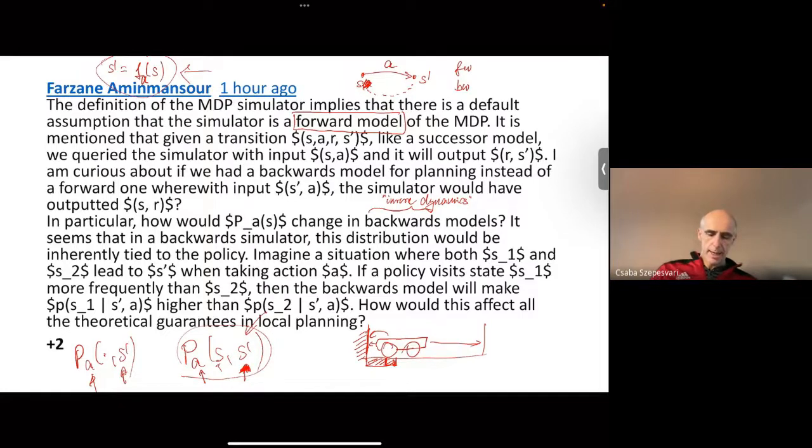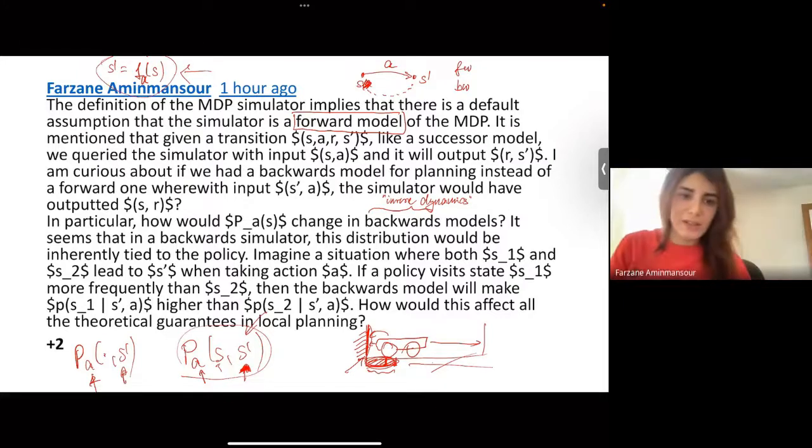Like here in this little figure, we are in this terminal state, and then the action is left. Then someone would give you that, oh, all these states are possible, and these are not possible. So you would have this compressed or sparse representation for the possible sources. I think that's what they were doing. Okay.